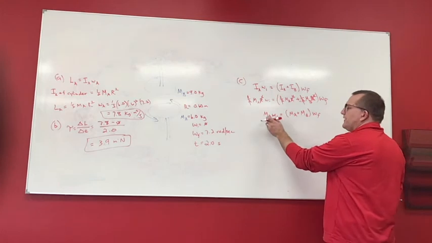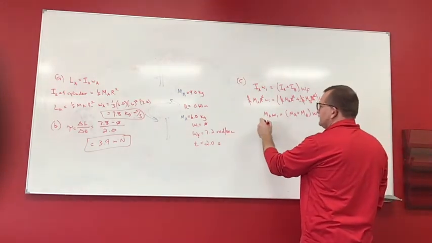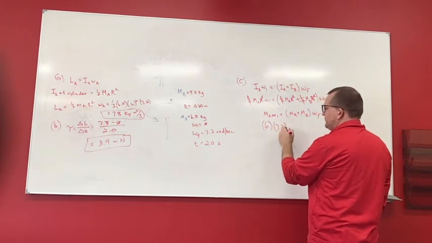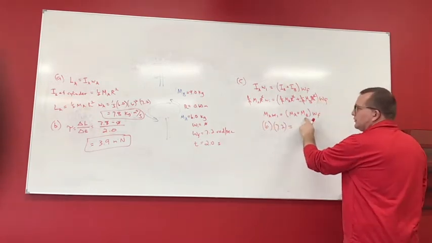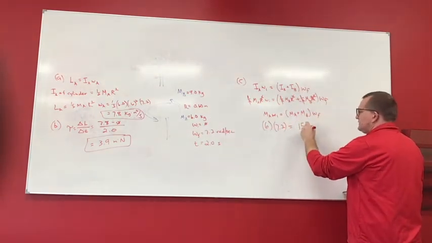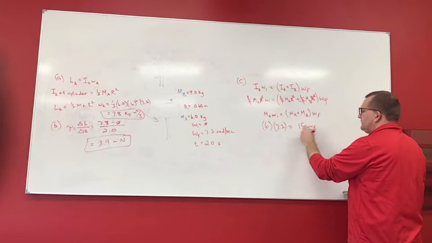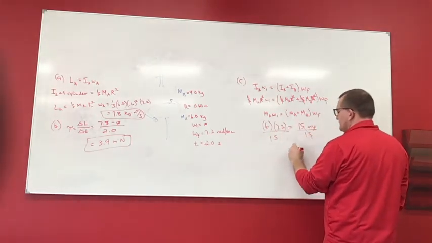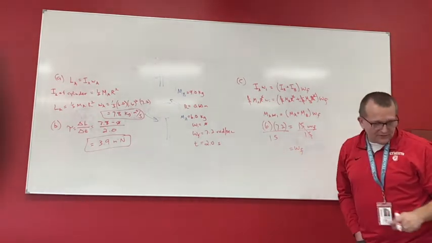So if I have the mass of A is 6, and I know it's traveling 7.2 radians per second, A plus B masses, 6 plus 9, 15, would be final. So I divide both sides by 15, and I can solve.